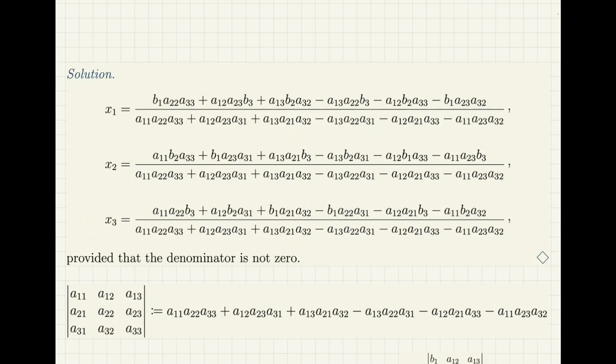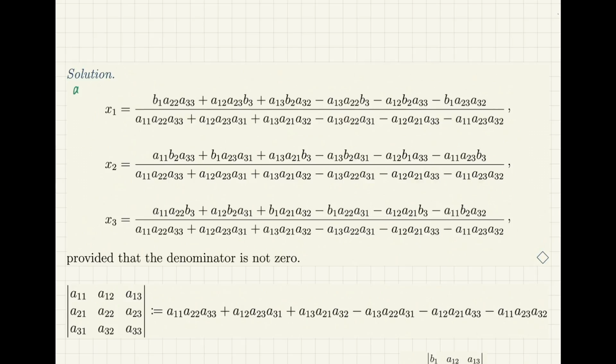It is easily seen that if in the denominator we replace a11 by b1, a21 by b2, and a31 by b3, okay, so let me write it for you here. Let us concentrate on this fraction.